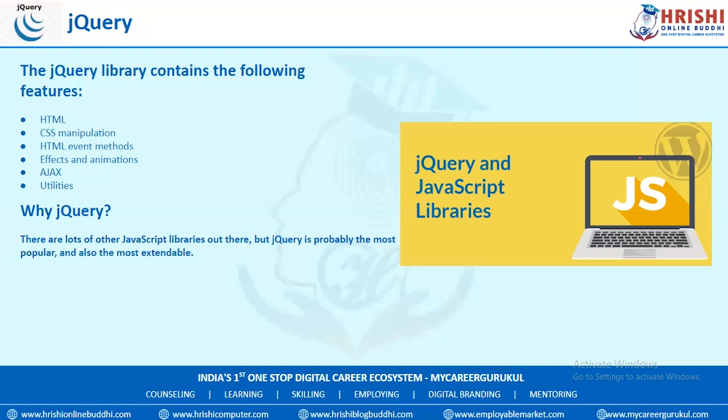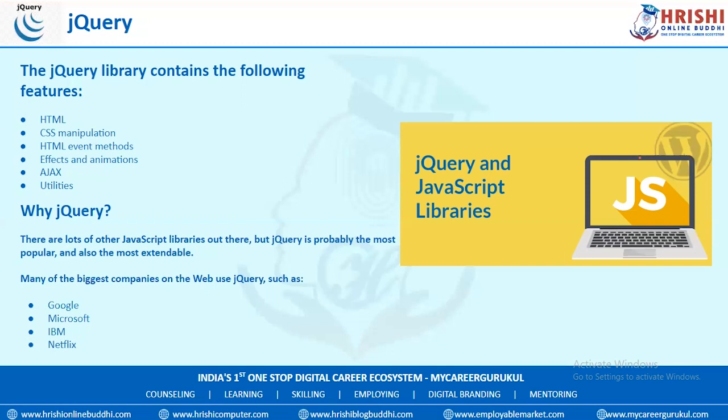There are multiple libraries available which contain features like HTML, CSS, HTML events, effects, and animations. But the jQuery library is the most popular and most extendable library which we use today. Many of the biggest companies on the web use jQuery, such as Google, Microsoft, IBM, Netflix, and other big companies use jQuery for their web pages or websites which they host online.